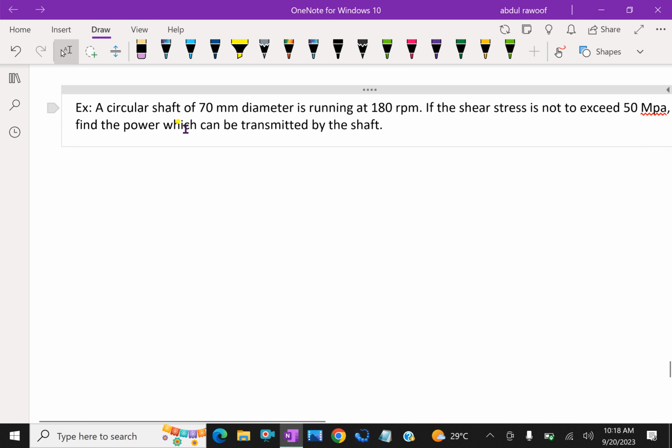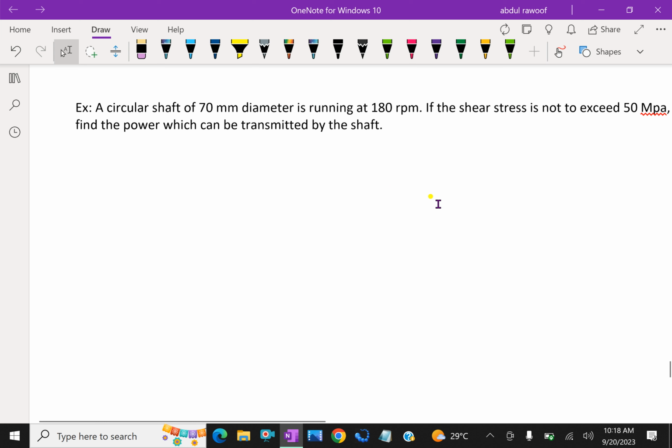A circular shaft of 70 mm diameter is running at 180 rpm. If the shear stress is not to exceed 50 MPa, that is megapascal, find the power which can be transmitted by the shaft.